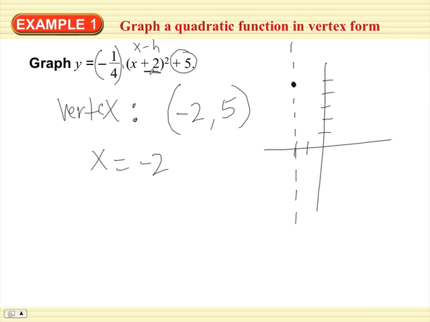Everybody type it in your graphing calculator. If you don't have one, I got a few back here.